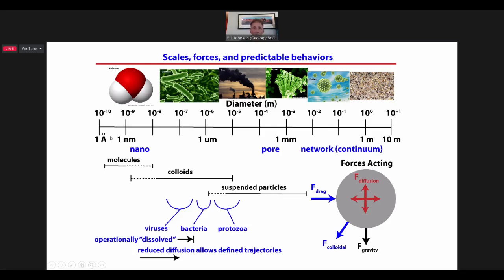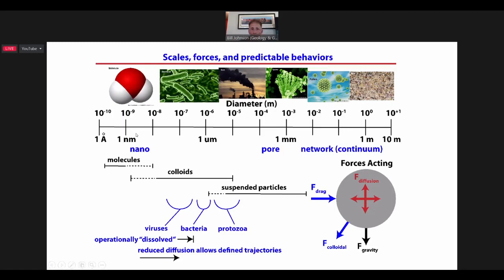So at the lowest end of the scale, 1/10 of a nanometer or 1 angstrom, you have molecules. And molecules can range up to the size of around 1 nanometer. Your proteins, your very complex molecules, are in that size range of 1 nanometer. Beyond that, we talk about nanoparticles.